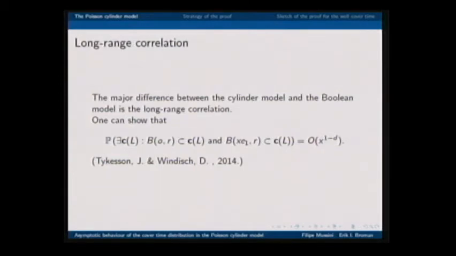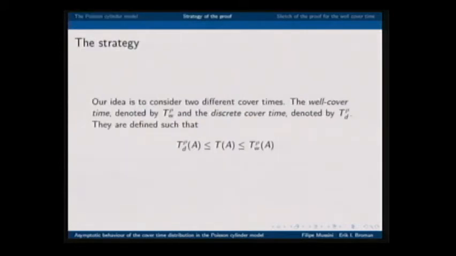So now I will discuss this strategy, or how we're going to try to tackle this problem. We will consider two different cover times that I will define soon, that are much easier to work with than the cover time that we are trying to prove.